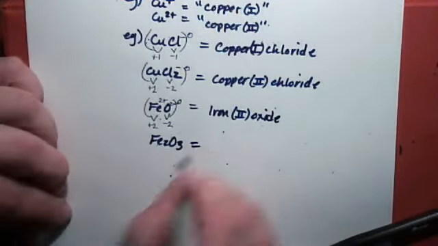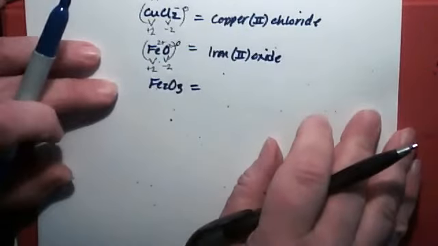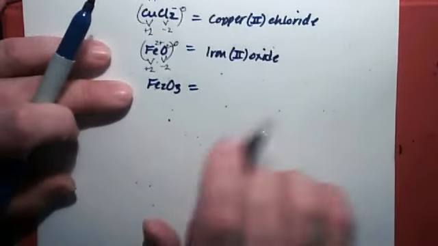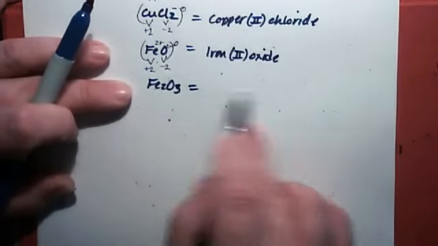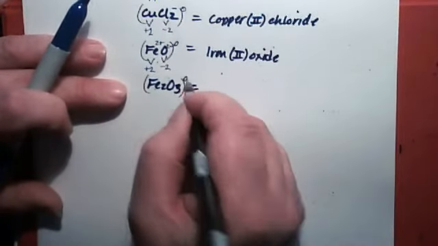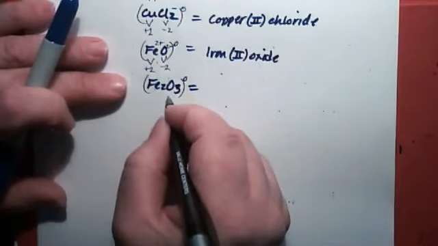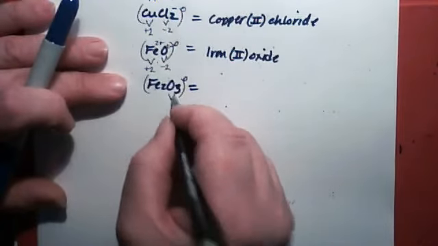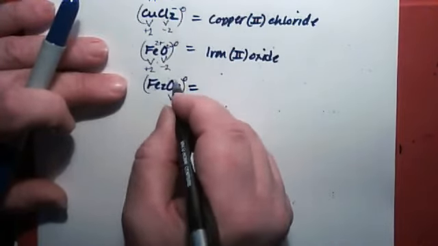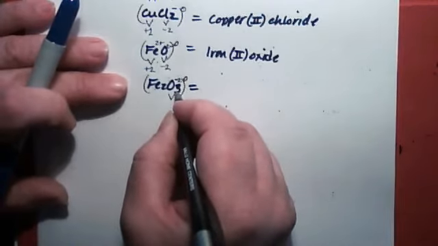On the other hand, we might have a formula Fe2O3. That's another type of iron oxide. But again, since iron's a transition metal, we have to specify the charge. We know that it's 0 overall as a charge. In this case, the oxygen is -2 each, but there are 3 of them.